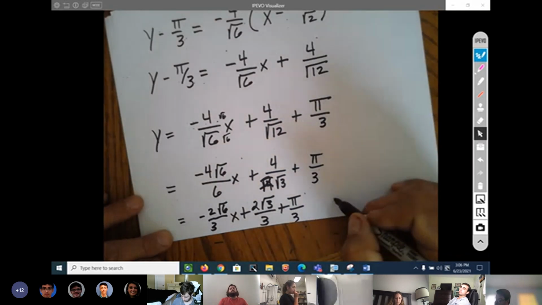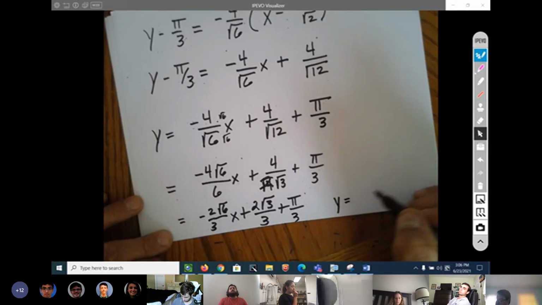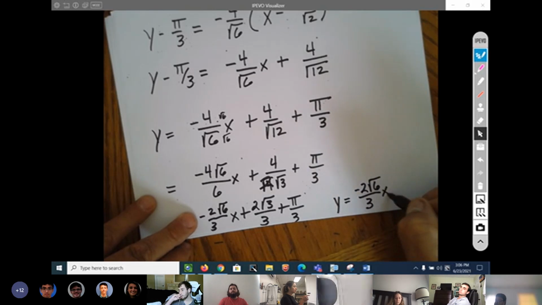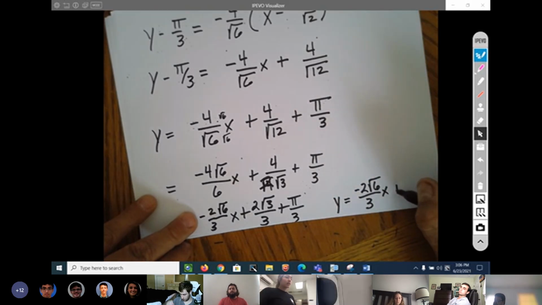So y is equal to negative 2 square root of 6 over 3 x plus 2 square root of 3 over 3 plus pi over 3.